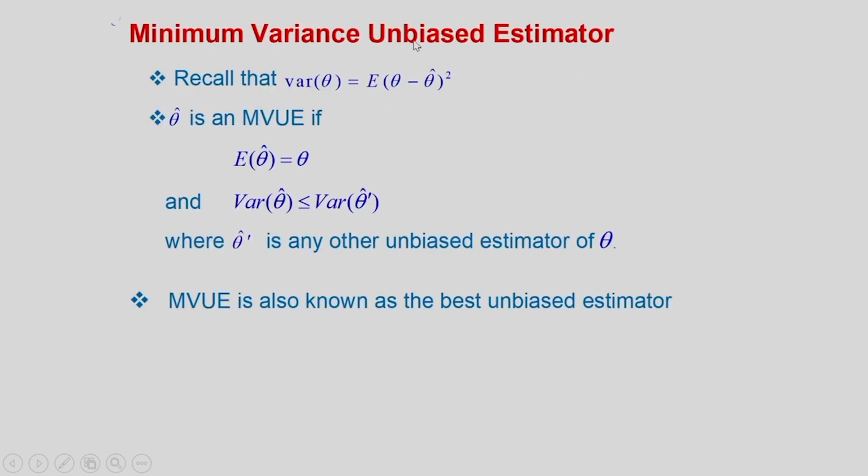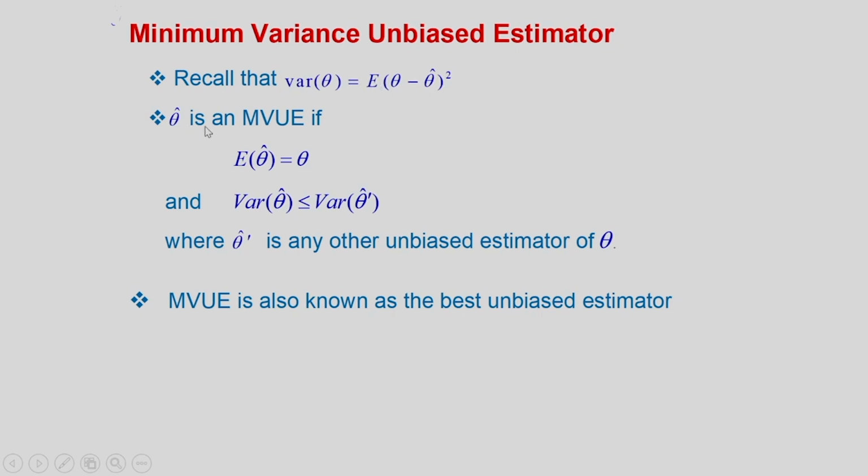Minimum variance unbiased estimator, that is MVUE. Recall that variance of theta hat, we define it as E of theta minus theta hat whole square. We can write it as theta hat minus theta, but it does not matter. In both ways we can write.